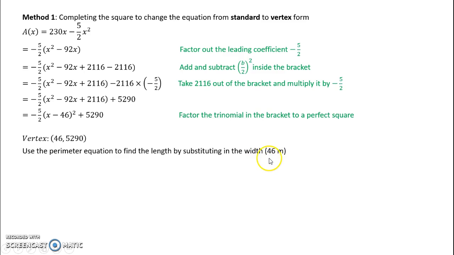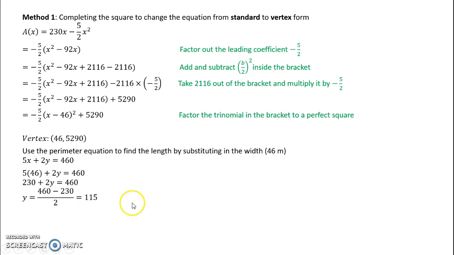Okay, so we know that the width represented by x is going to be 46. And so going back to our perimeter equation, substituting in 46 for x, we're going to simplify this, isolate for y, and so we get that y is equal to 115.